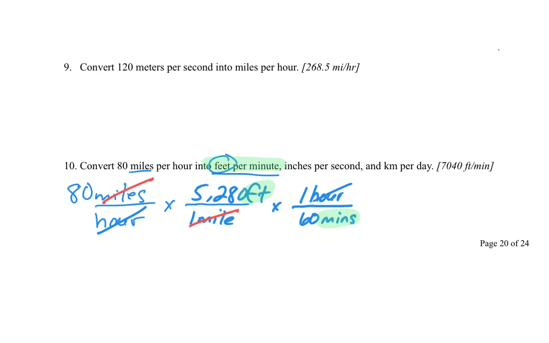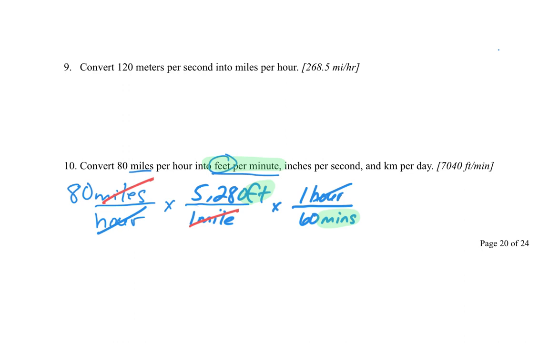So now it becomes just a math problem. So now I can go ahead and say, okay, I'm going to plug in 80 times 5,280 times 1, don't need the 1, divided by, there's a 1 implied, divided by 1, you don't need to put that in your calculator, and then divided by 60.